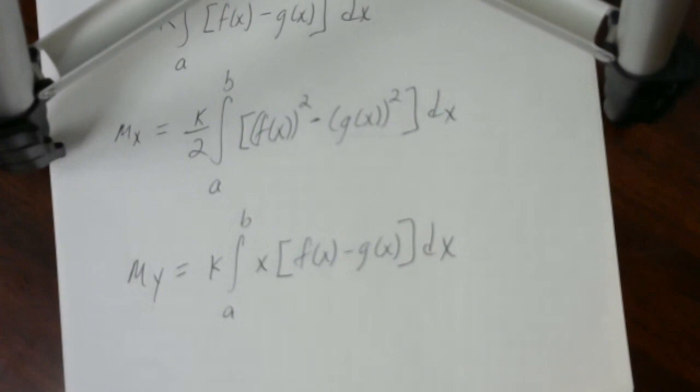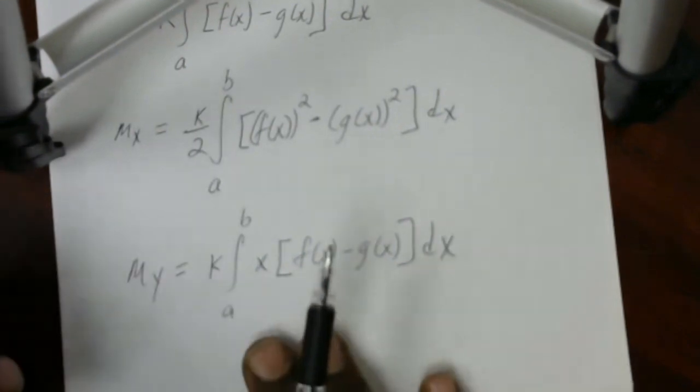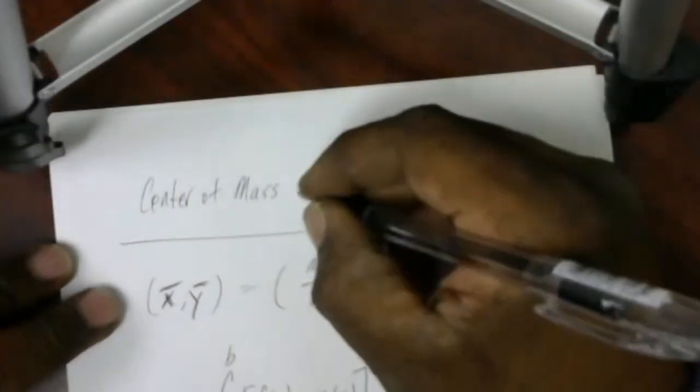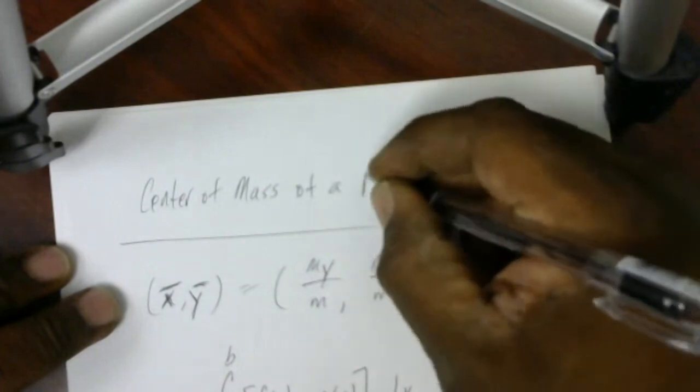So notice in order to find the moment about the y-axis, there is an integral versus simply multiplying the mass times the x coordinate. And this is to find the center of mass of a region.